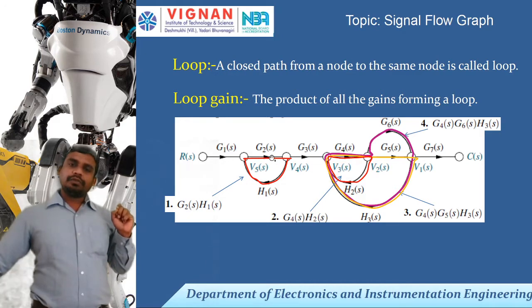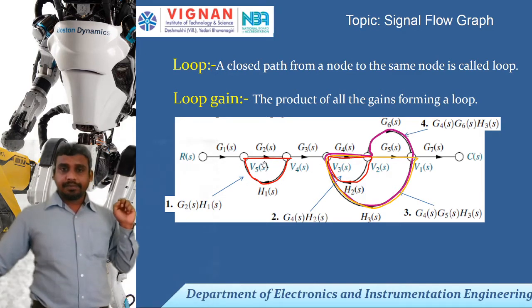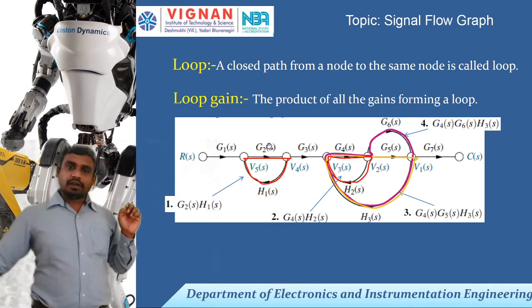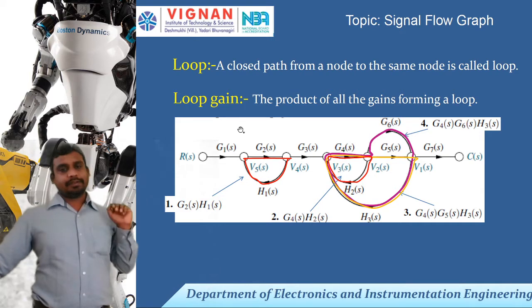And the product you take in the loop is called a loop gain. That is G2 into H1, right? G2 is the gain between V5 and V4, and from V4 back to V5 the gain is H1. So the product G2 into H1 is the loop gain.